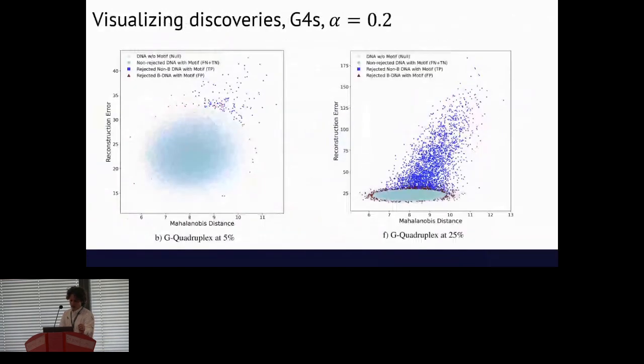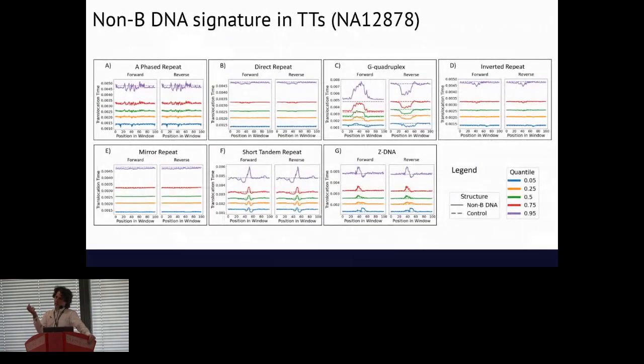Yeah, good question. So the quantile plots, these are motif windows, and most of those motif windows are probably B-DNA. The 2018 study did this as well. It's a great way to visualize it, because at the quantiles of translocation time, you'd expect that most of that signal is coming from non-B structure if it exists, because you're focusing on the translocation times that are the highest or the lowest.